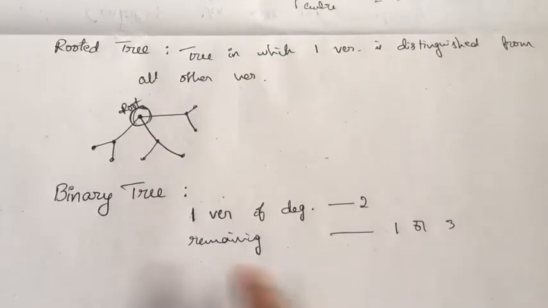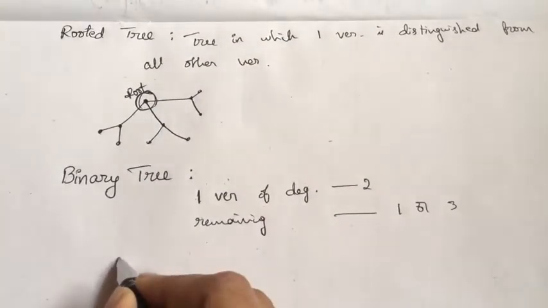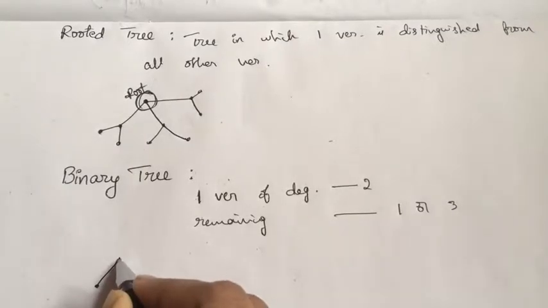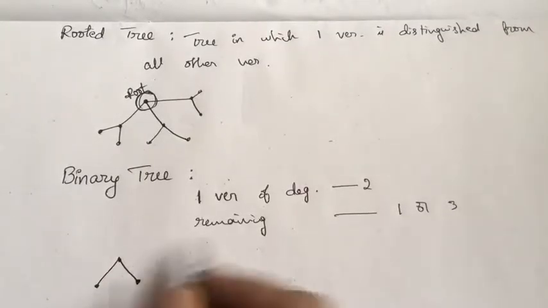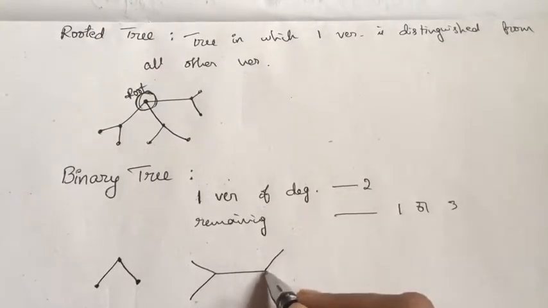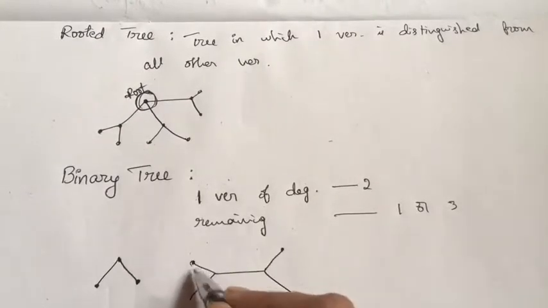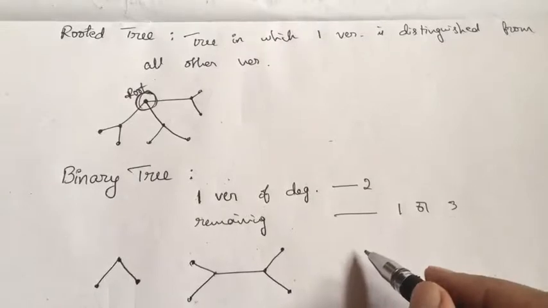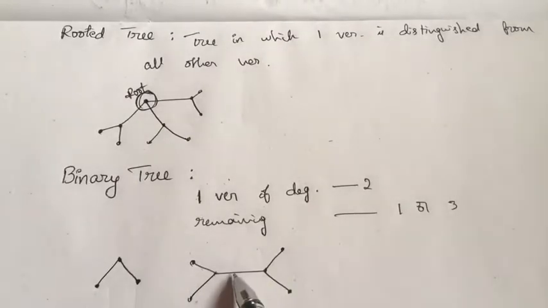For example, consider simply this. Then this is also a binary tree, with one vertex of degree 2. I can even write this. You can observe the vertices are of degree 1 or 3, like 1, 1, 3, 1, 1, 3.